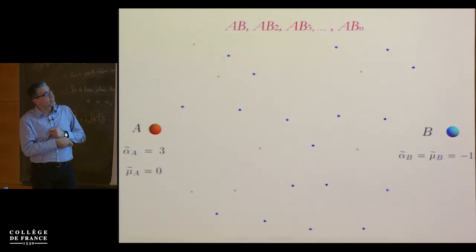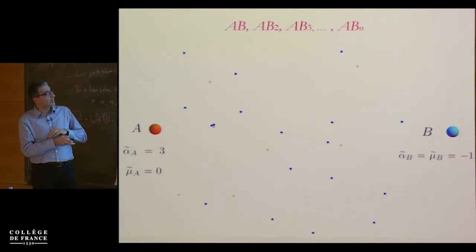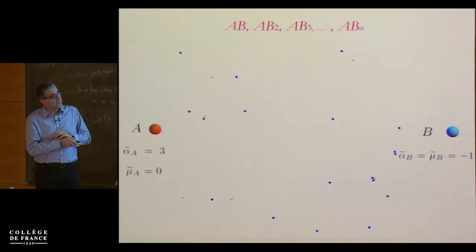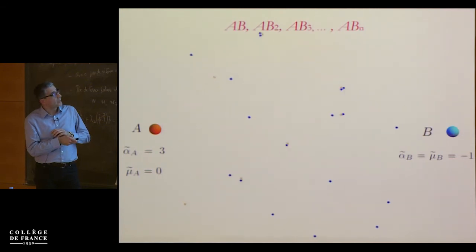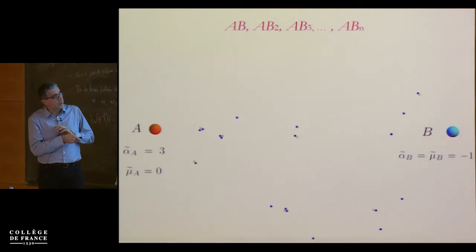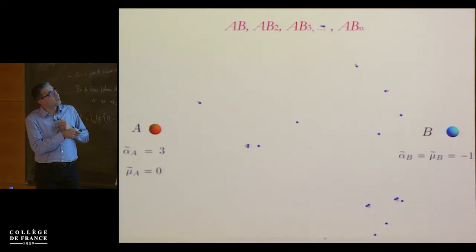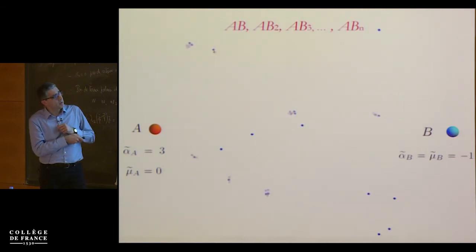It's very easy to see this kind of thing by just setting the valences, if you want, to values that do not exactly match in terms of neutrality conditions. So here you can have these so-called molecules, both in the form of AB and AB2, A being the red one and B being the blue one.